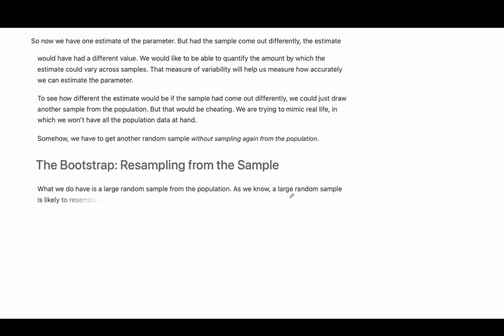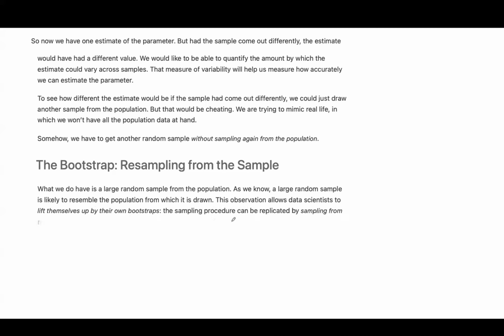As we know, a large random sample is likely to resemble the population from which it is taken. This observation basically helps data scientists to lift themselves up by their own bootstraps. The sampling procedure can then be replicated by sampling from the same sample.